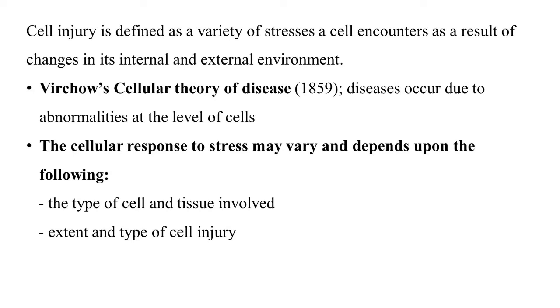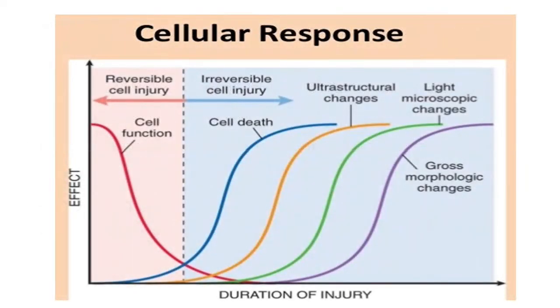And then the extent to which the cell has been injured, and the type of the cell injury. So sometimes, as we said, cell injury can be reversible up to certain points. At certain points, they cannot be reversible again. So this is a cellular response to cell injury.